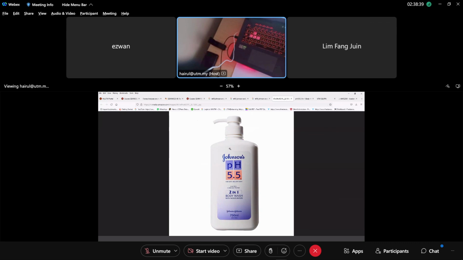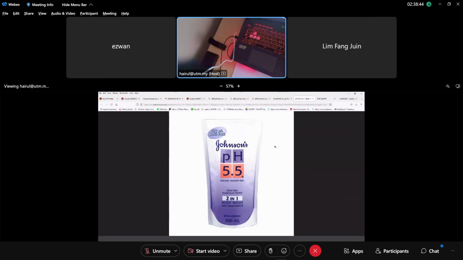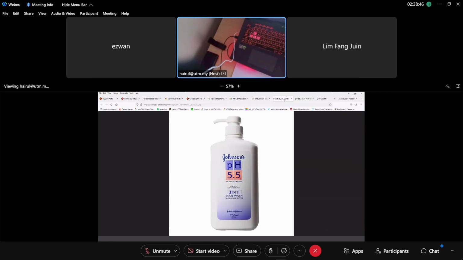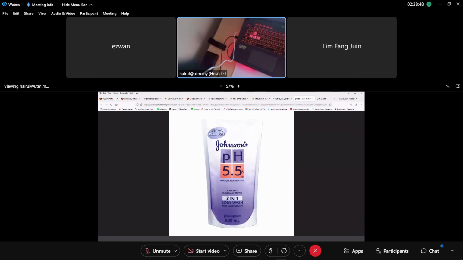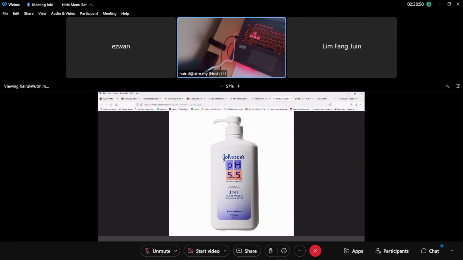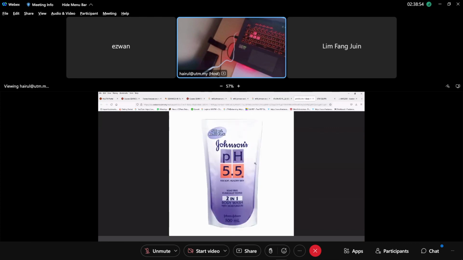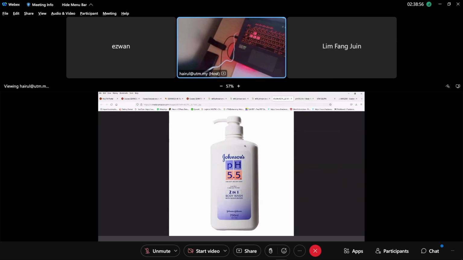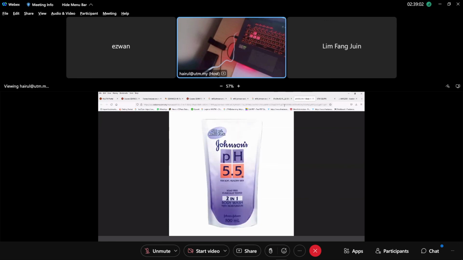This is a plastic product, right? We just buy the refill, and we save money, and we pour into this. When this container is empty, we just refill, only buy the refill. We save money rather than buying the whole product with the bottle, because it costs more, and the company sells more expensive, and they have to produce the bottle. So we just buy the refill, and we use the same old bottle to refill.